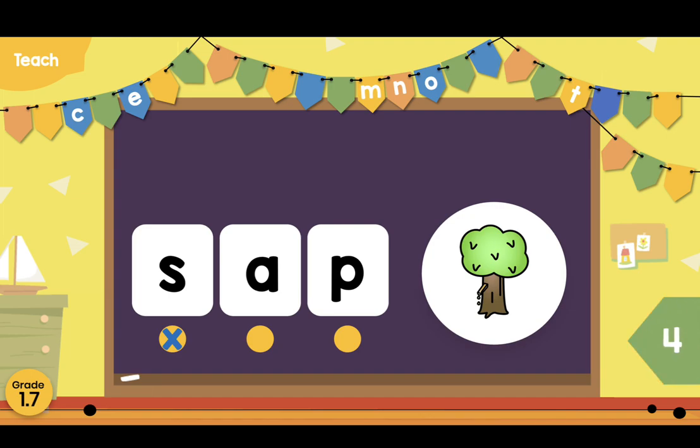Let's read our letters. S, A, P. Sap. Now let me show you where S stays on our alphabet frieze. Right next to T. Let me hang A and P back in their correct places as well.